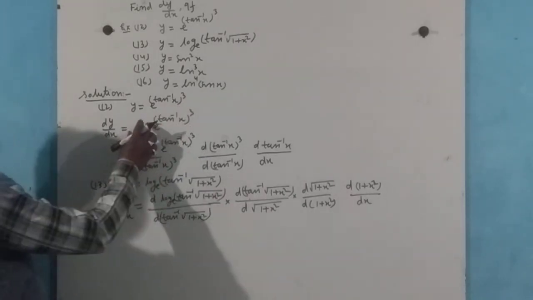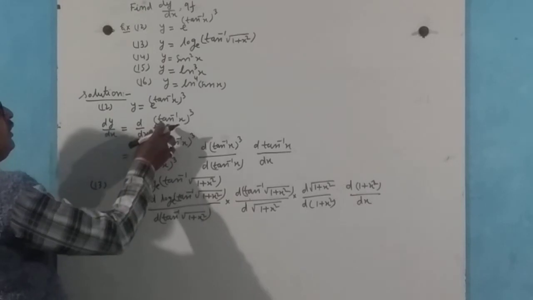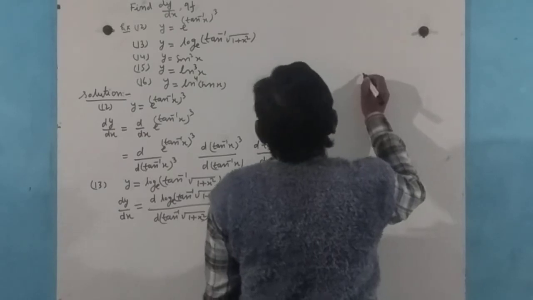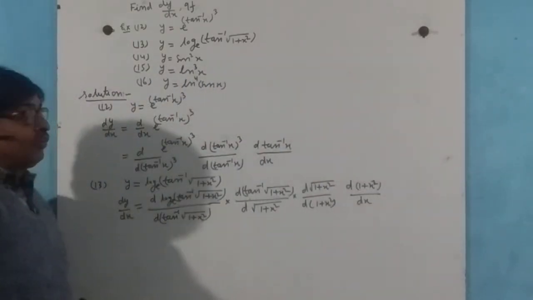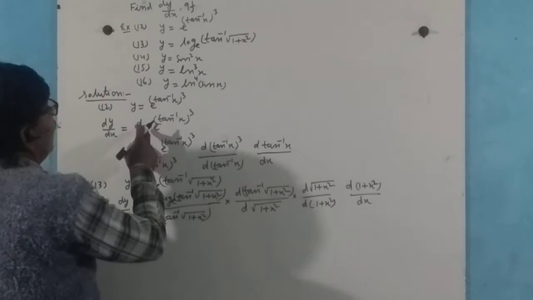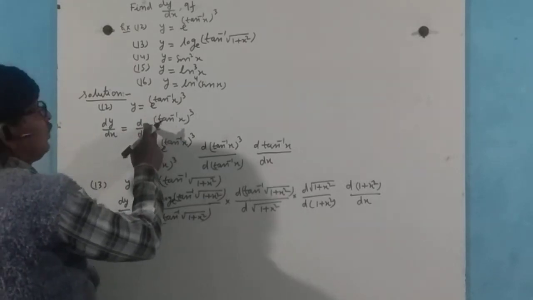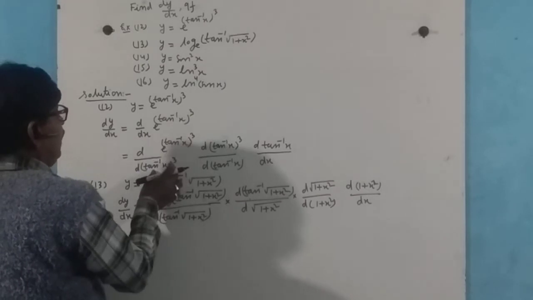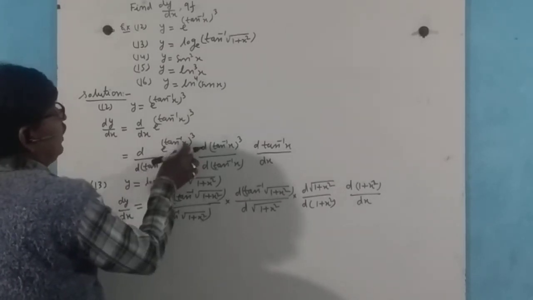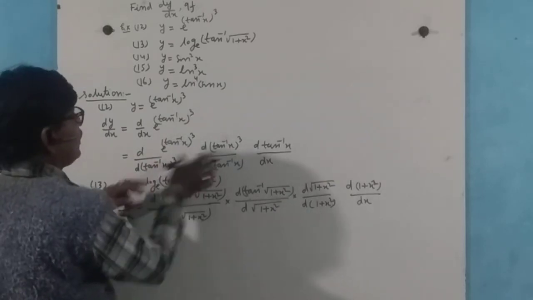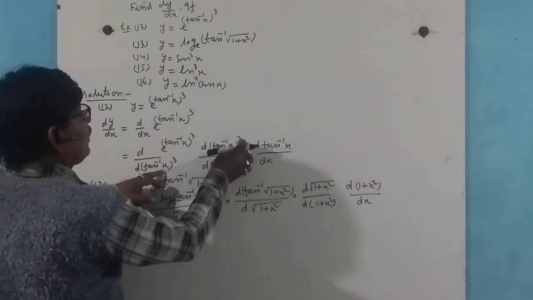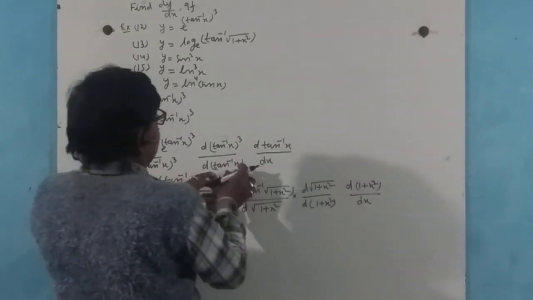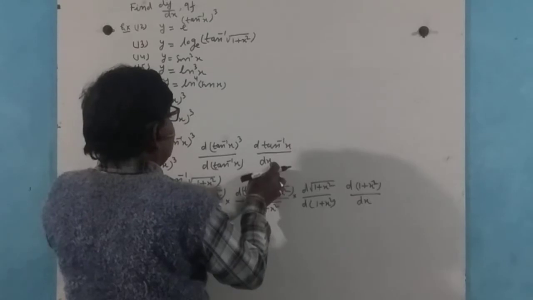Now this can be written as d of e to the power x, as we know that d/dx of e to the power x equals e to the power x, so we arrange this with respect to the chain rule: d by d of this, and e to the power tan inverse x, and d of (tan inverse x) cubed, this is a tan inverse x, and d of tan inverse x by dx.